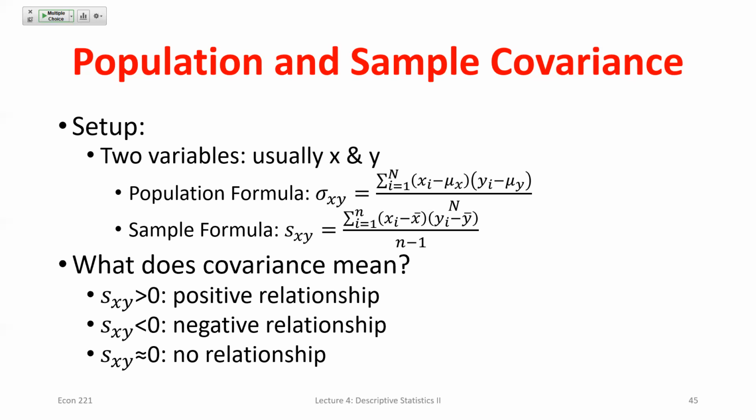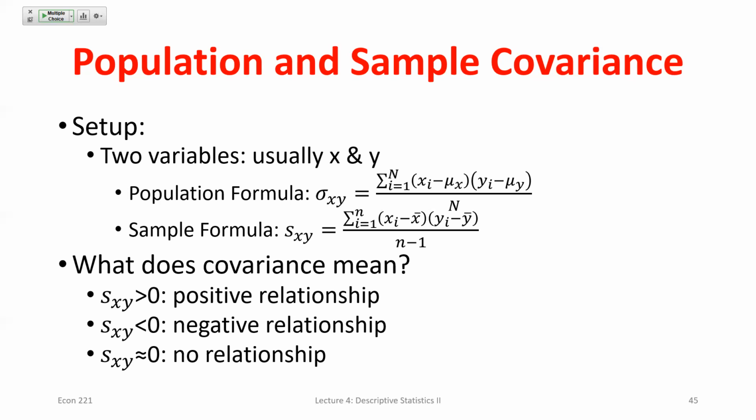Anytime I have an X value, or years of education, that's above the mean, then this is going to be a positive value. If I then also have income that's above the mean income, this would be a positive value as well. That observation was evidence that if my years of education is above average, so is my income. Positive times a positive, I have a positive value.